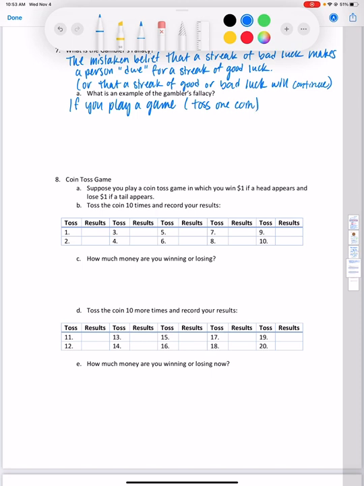Yeah, that's the game, is a toss one coin. So you get $1 for heads and lose $1 for tails.